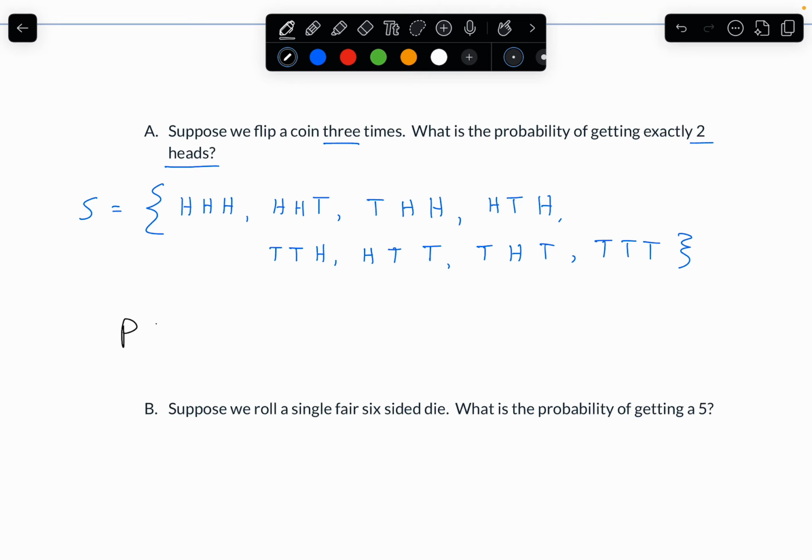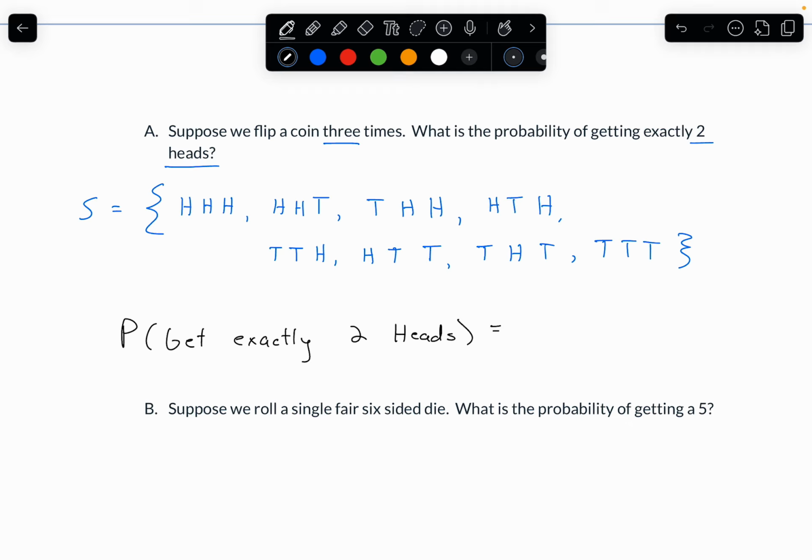I might say the probability of getting exactly 2 heads. So that P just represents the probability. Inside the parentheses, I'm going to write my event, in this case, get exactly 2 heads. So I need to know 2 things here.